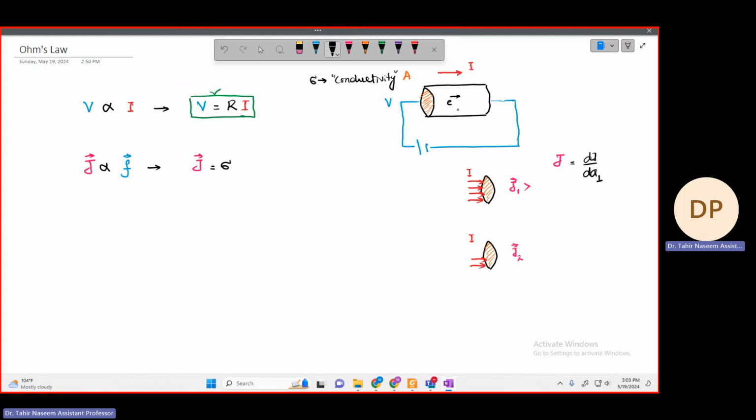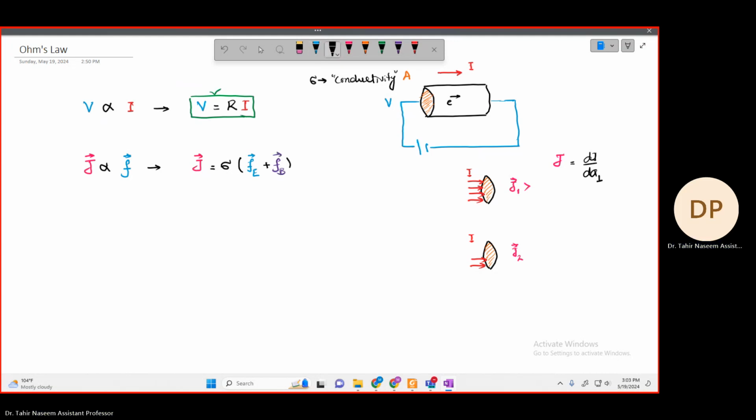Okay, so when the current is flowing, it may experience, for example, a couple of forces. We can write which forces it can experience: electric force per unit charge, and then it can experience, for instance, magnetic force per unit charge.